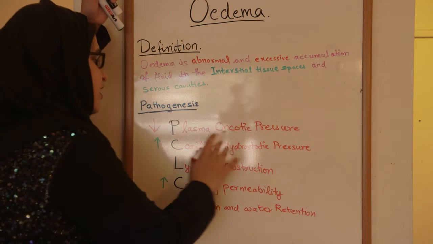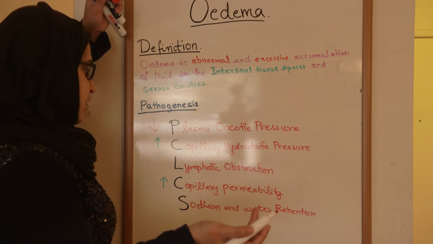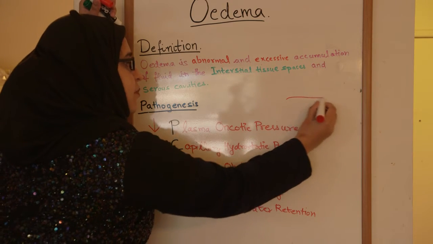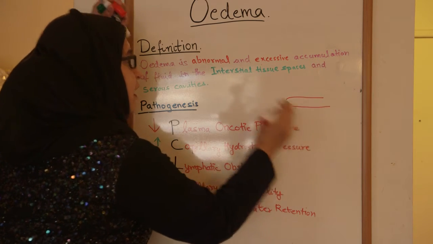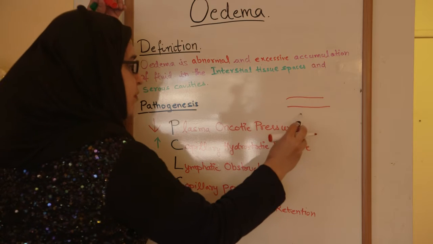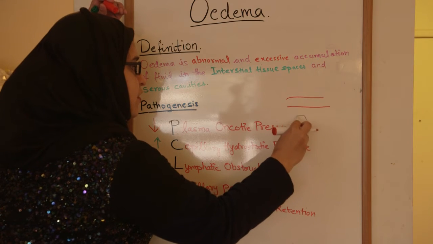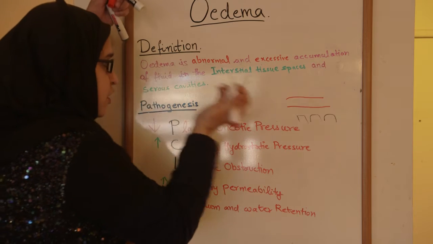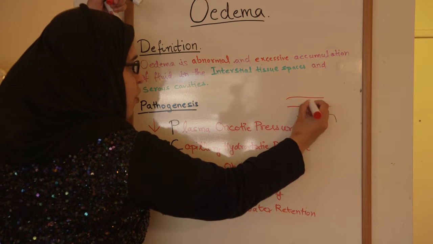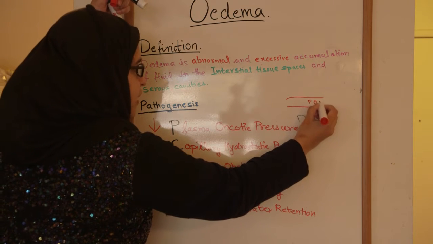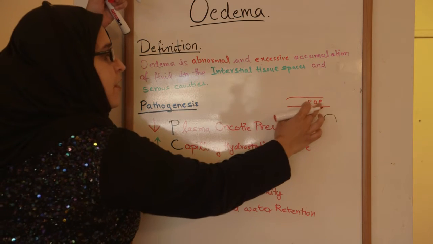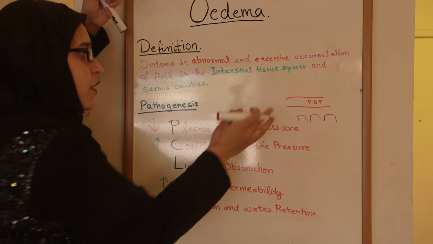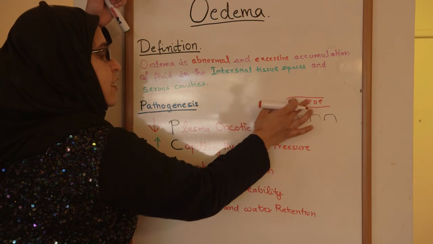So what is plasma oncotic pressure? See, here is a blood vessel, and this is the interstitial space in which cells are present. Okay. So what does the plasma oncotic pressure do? The plasma oncotic pressure has a tendency to keep the fluid within the vessel.